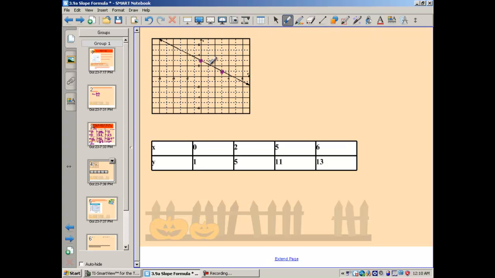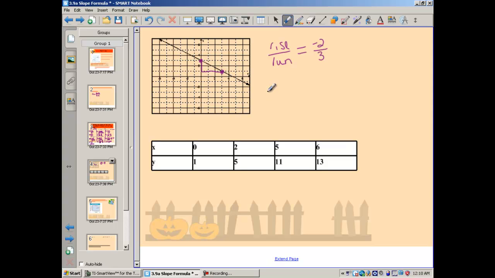You can do like we did yesterday and do the rise over the run. Make sure you're paying attention to the scale on your graph, though. Each one of these little spaces is 1, and the big bold lines are 2. So I went down 1, 2 here, and then I went over 1, 2, 3. So my slope is negative 2 over 3.